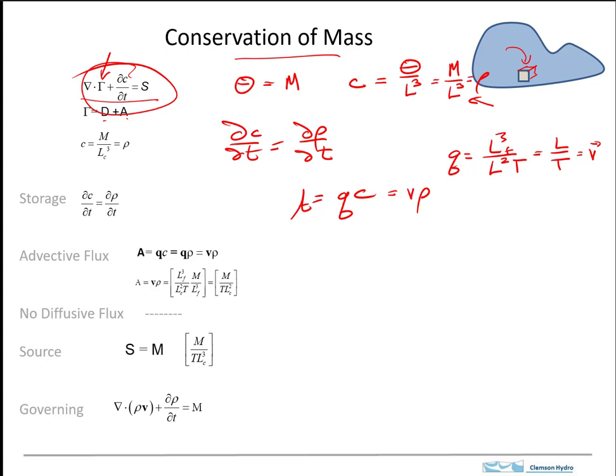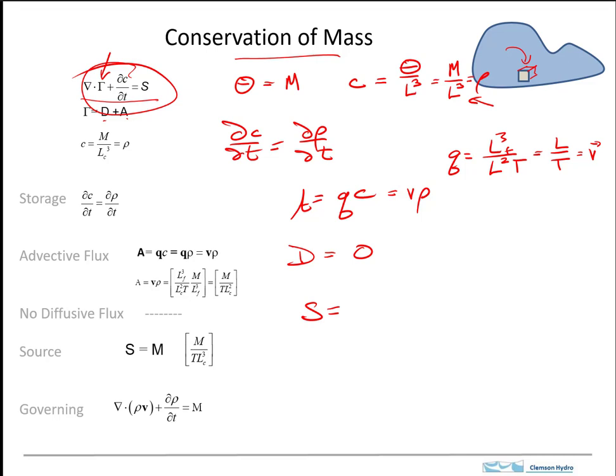And in this case, where we're doing conservation of mass, the diffusion term is just going to be 0. And it's possible to have a source. We could have a source of fluid. Maybe if we're injecting fluid, we could treat it as a source.